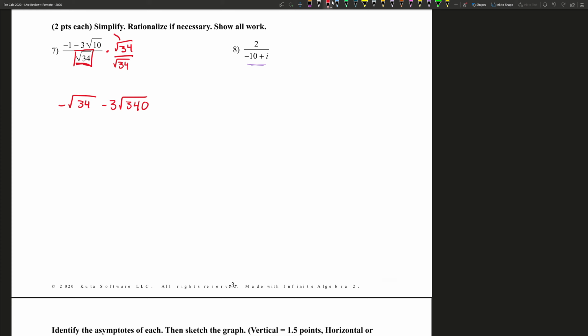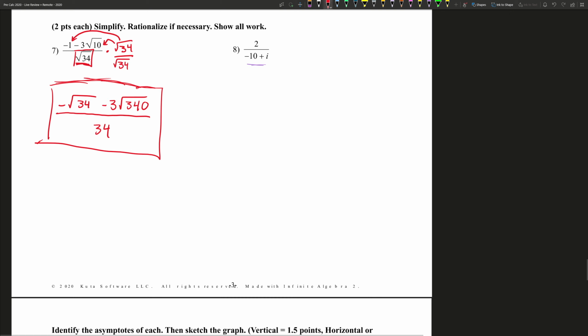Right, so we multiply this top by the negative 1 and this. Then on the bottom, we have 34. And that's it. We're done. Right? You probably can simplify that a little bit more, but this is the part I'm worried about.